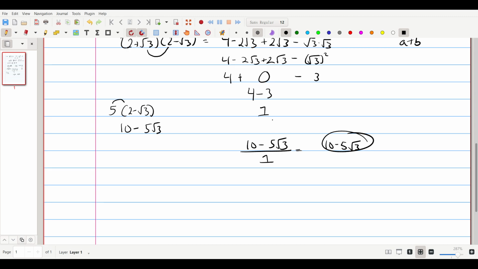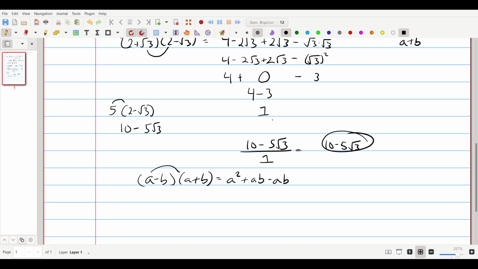So the conjugate is a very powerful idea, and what ends up happening is always that when you have the same terms with just different signs being multiplied to each other, a times a is a squared, a times b, both positive, is positive ab. B times a, but negative b, only one of them negative, you get minus ab.